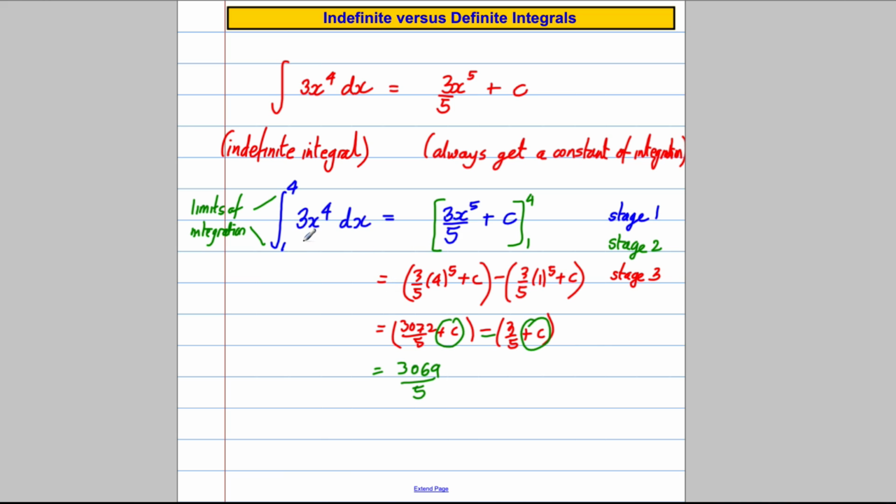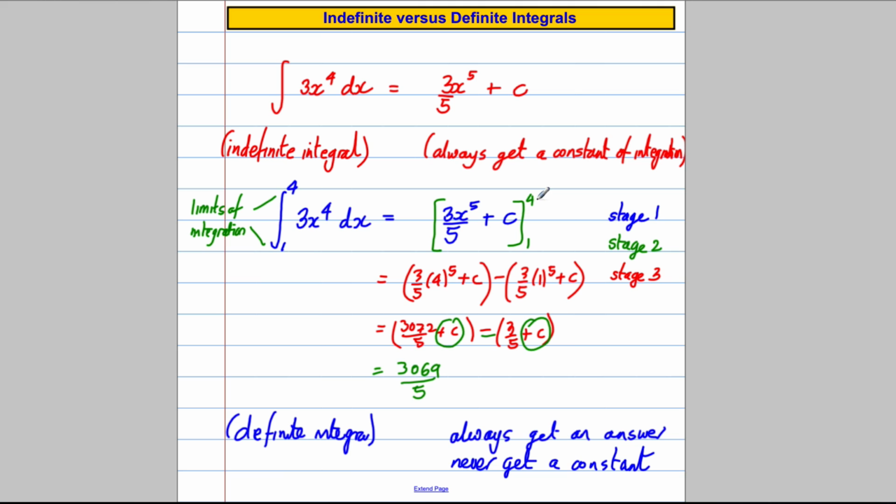Now, that is what's called a definite integral. It has limits, and when you work it out, you always get an answer. And also, you never get a constant.